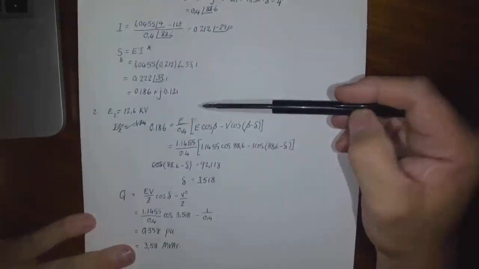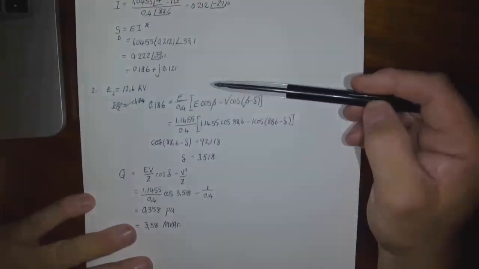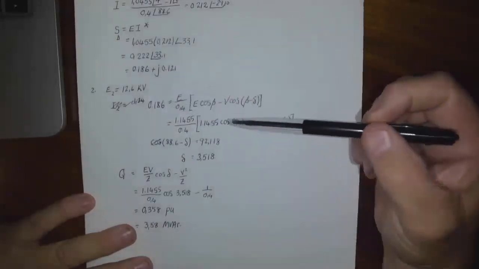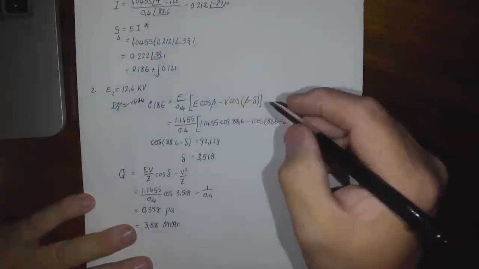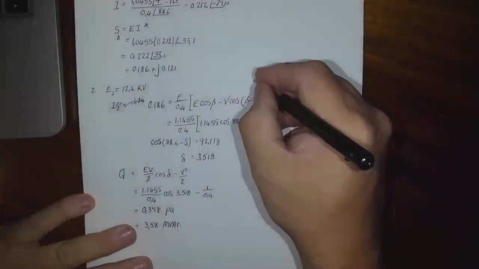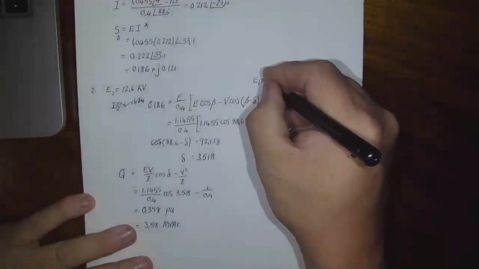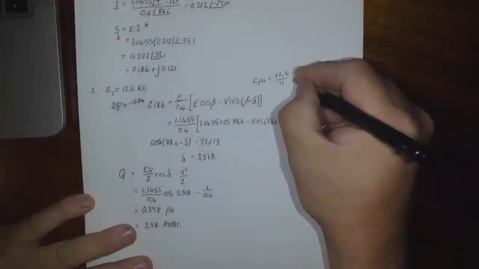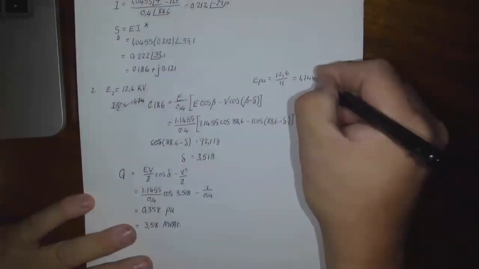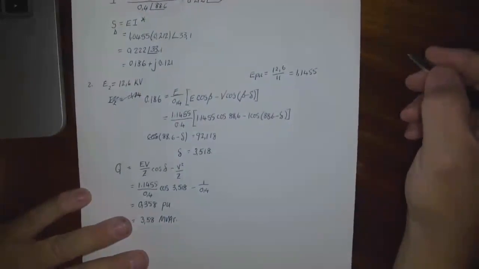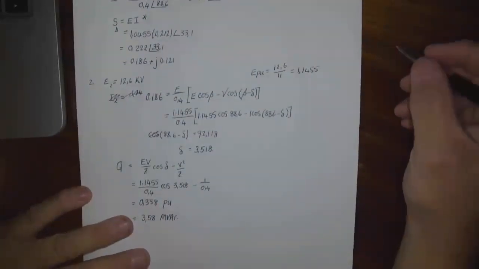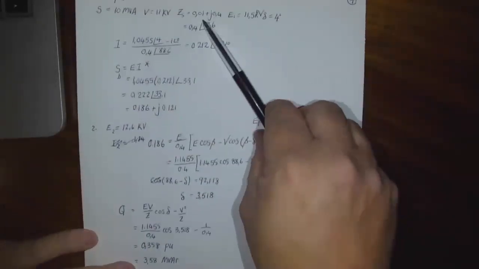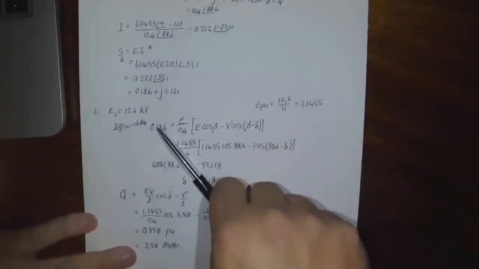Now we're going to change the voltage to 12.6 kilovolt. E per unit is 12.6 divided by 11, which gives us 1.1455 per unit. Now, seeing that we have a resistance as well, we can't use the short formula.